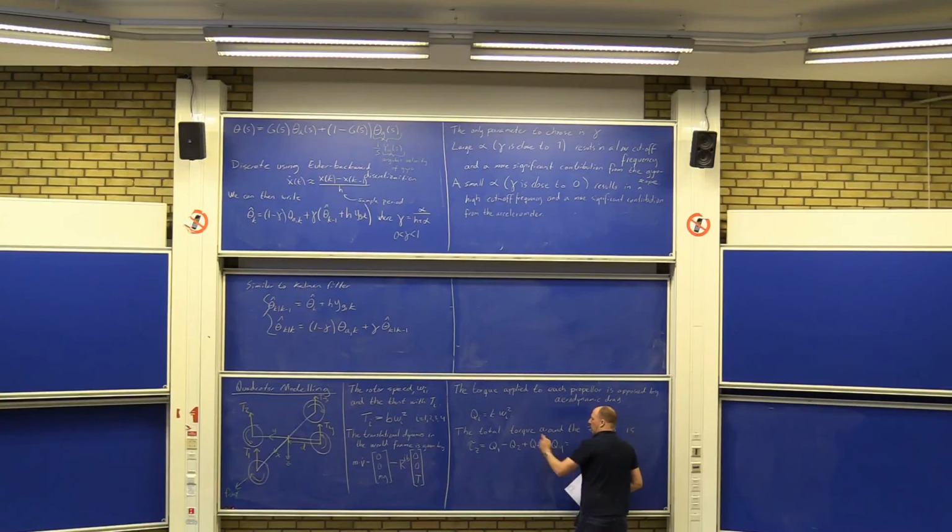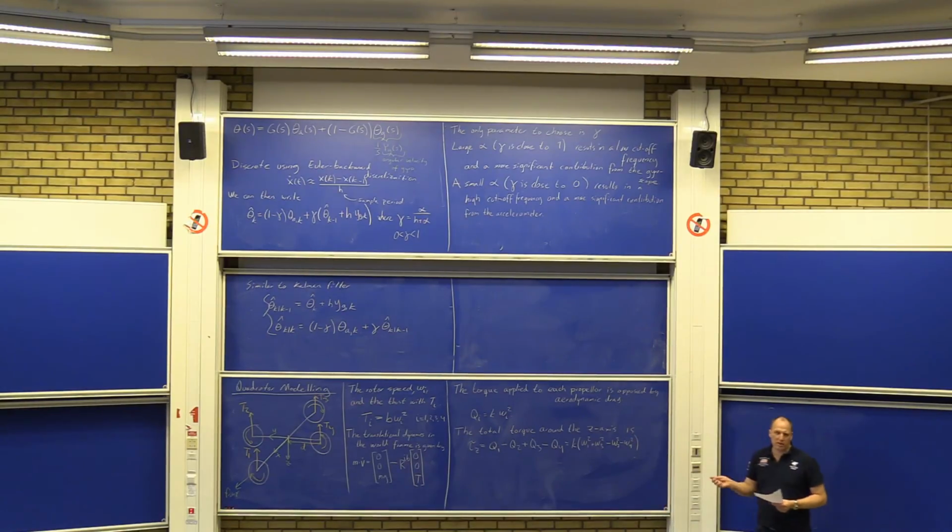And since they look like this, we can write this as k times. So of course we can use this now to rotate around, to do yaw control, for example.